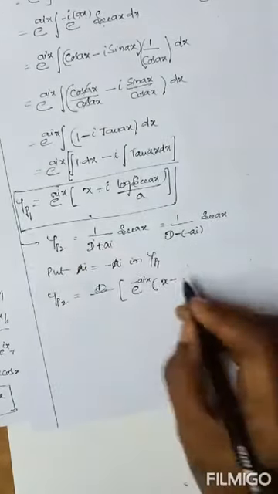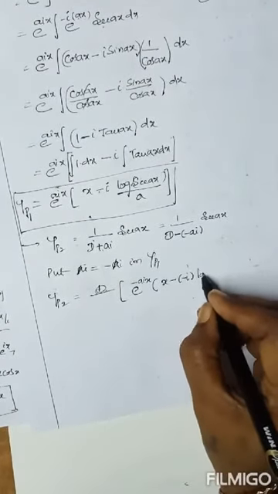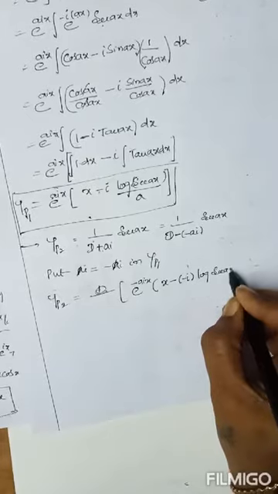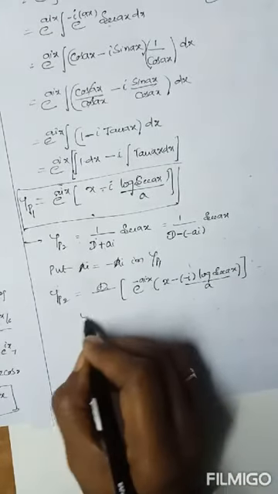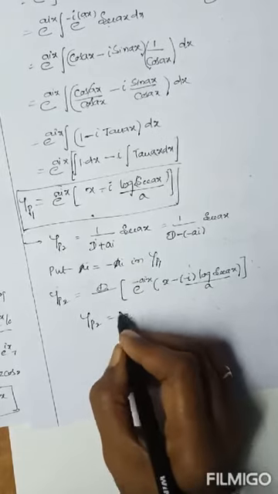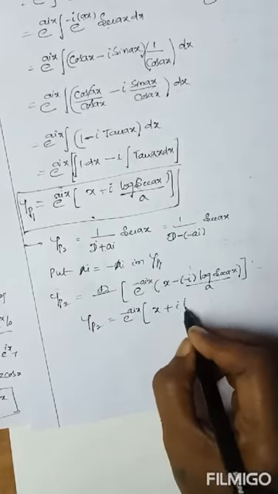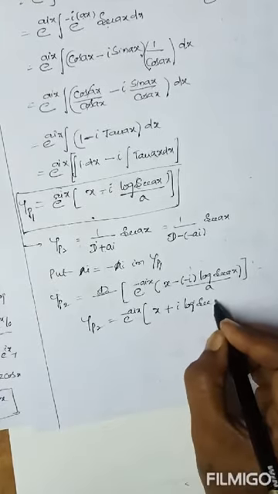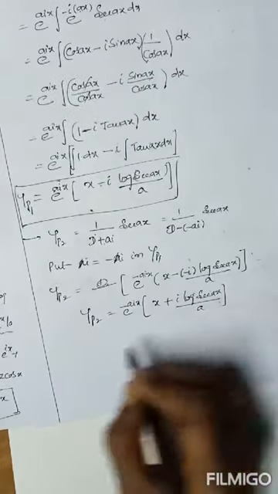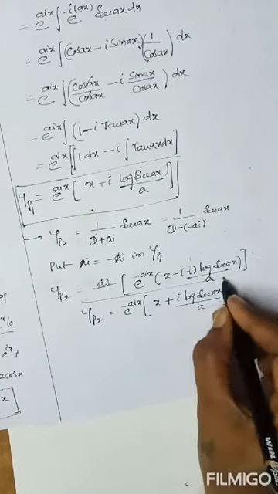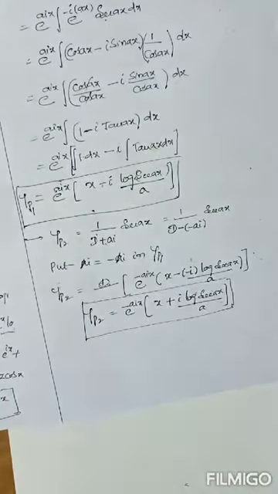Here also minus i x minus, in place of i minus i, log of secant ax by a. After simplification, yp2 is e to the power minus aix, x plus i log of secant ax by a. This is the result of yp2. For the second one, you just have to put i equal to minus i.